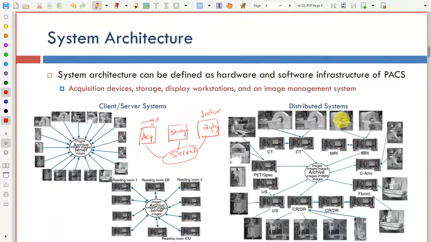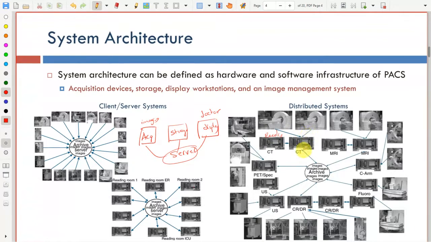The other system, which is called a distributed system, has a very different architecture. You have a server, definitely, but this server is for archiving. For the individual imaging systems, you might have certain reading rooms. Okay, so this is a display room or a reading room here.